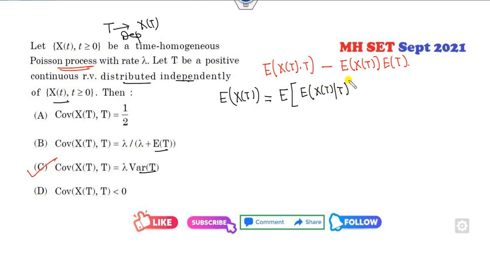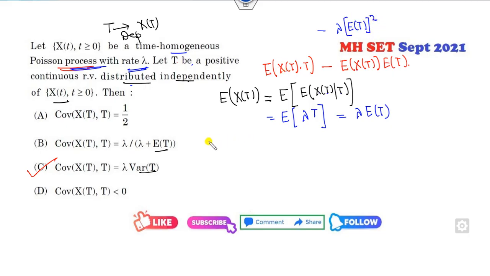I can write this part by using the conditional distribution. This is X(t) conditioned on t, because they are a time homogeneous Poisson process and independent. So this is lambda times t, because it's a Poisson process with rate lambda. So if I substitute here, this will be E of t square.